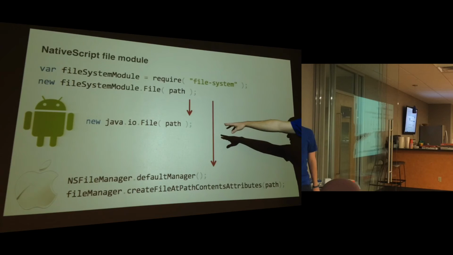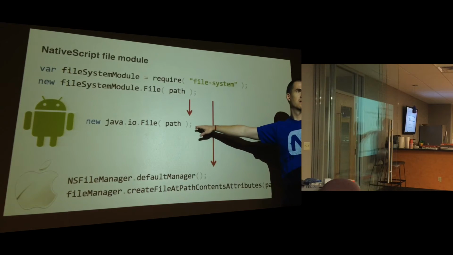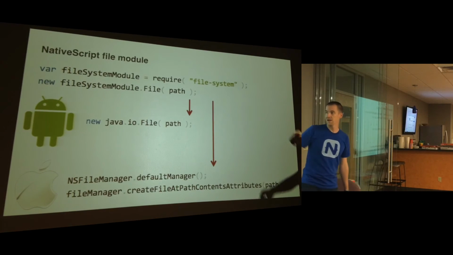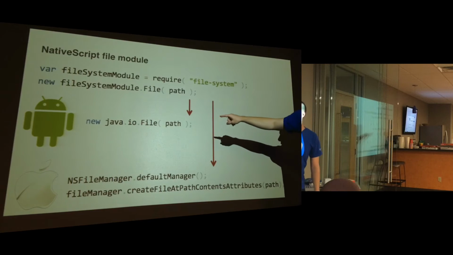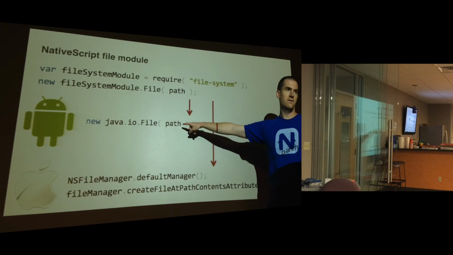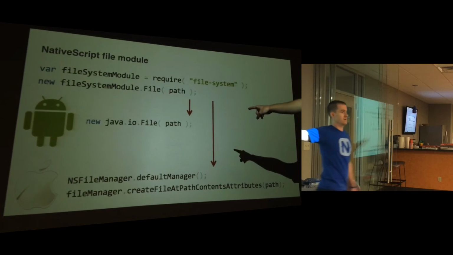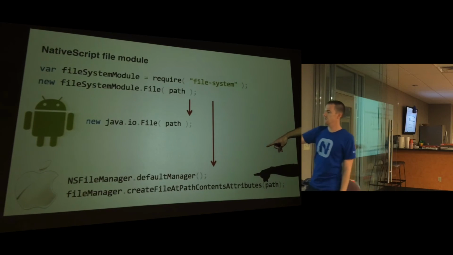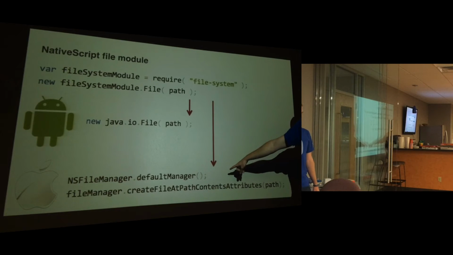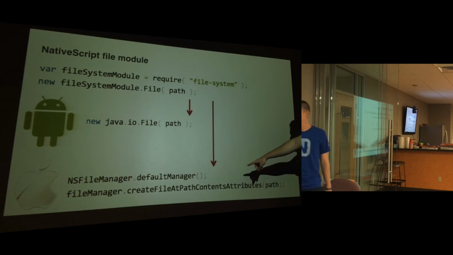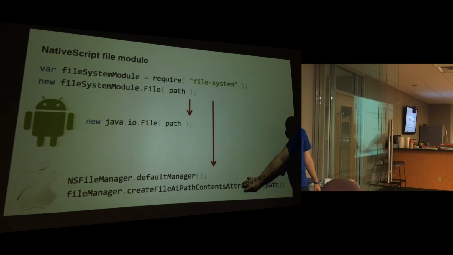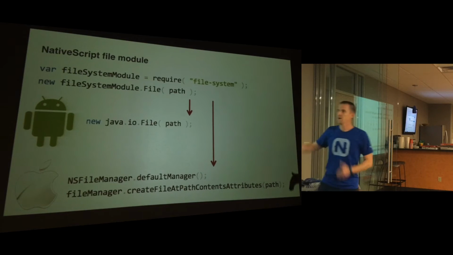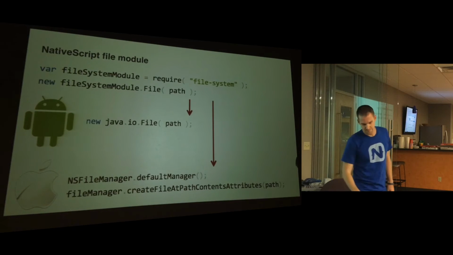And what this does is it translates to this code in Android, which is native API calls in Android if you were to write that for Android. And this down here is the same API call that you would make if you were writing an Objective-C app for iOS. So these still exist. If you want to do it this way, you can. Or you can use a module that will take care of that for you.